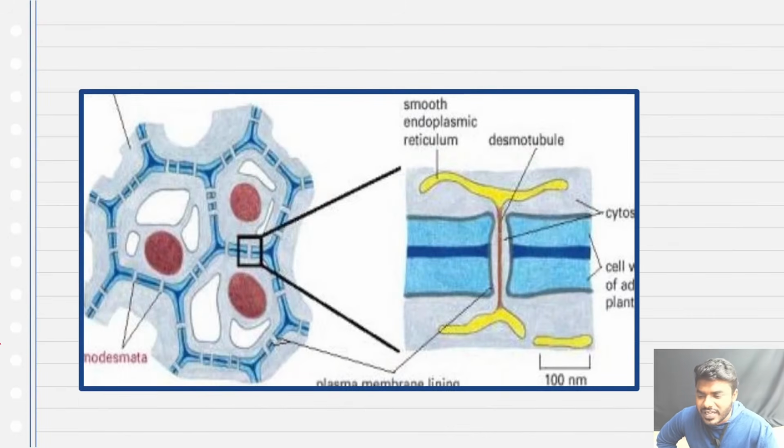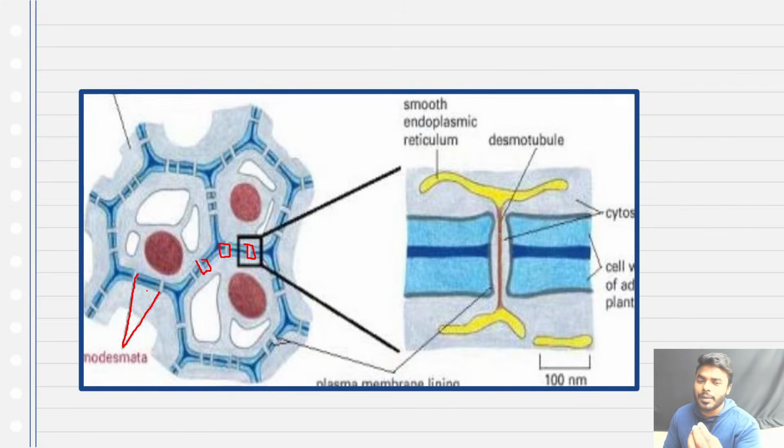All the students, please kindly look into the diagram. This is how exactly the plasmodesmata look. Look into this. Here exactly the plasmodesmata is present. So it is connecting two cells, and it is involved in the transport of ions or molecules between the cells. And friends, what is this plasmodesmata composed of?